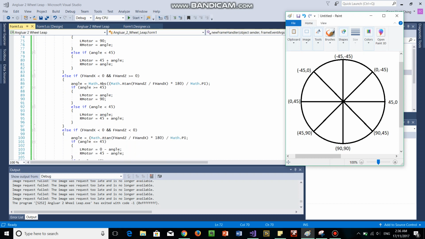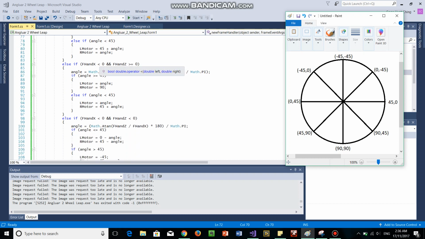And as we continue to scroll down from this segment, you'll see that I use the absolute value because the value in this segment would be negative. After that, I'll be using the tangent of z and x again, doing the same thing.